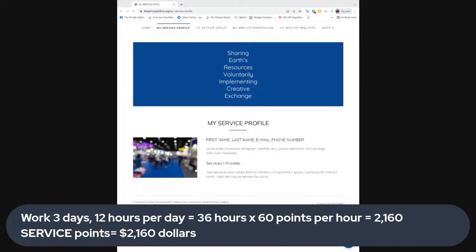Or perhaps you need some type of work done and you can trade 2,160 points for the equivalent amount of work. And you have not only done what you liked and received what you need in order to get what someone else has to give, you are able to enjoy a higher quality of life while doing what you desire.